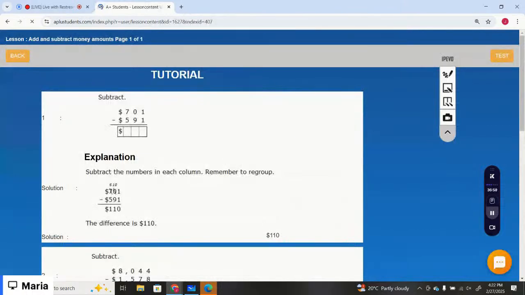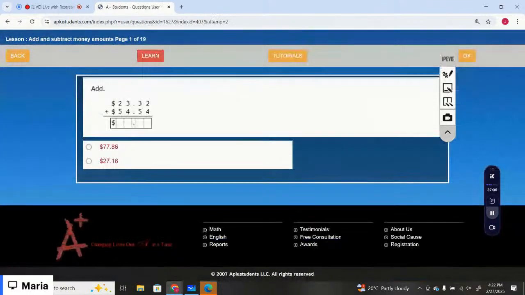Money amounts are exactly the same, like we add the numbers, right? Let's just start with the test questions.